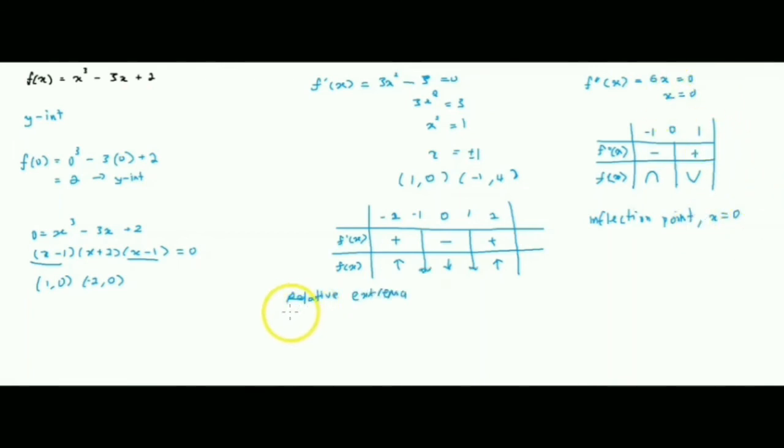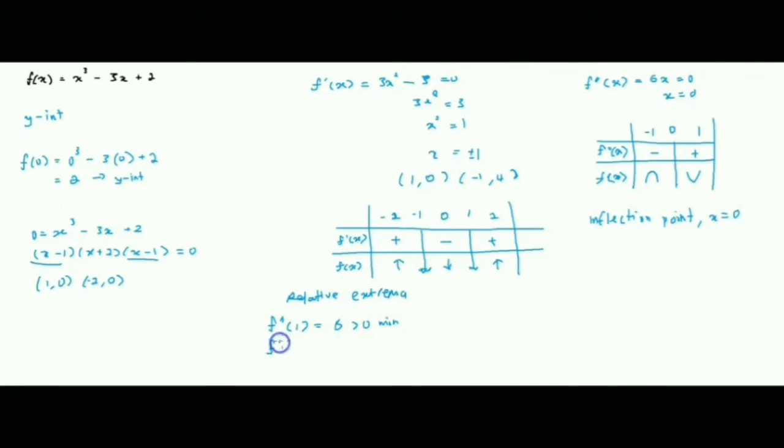For the last step, we're going to find the relative extrema according to the second derivative test. We're going to use the critical points, which are x equal to plus 1 and minus 1. When x is equal to 1, we substitute this into f double prime x. You'll get 6, which is a minimum point since it is larger than 0.